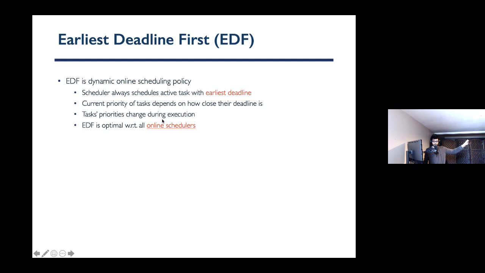Any online scheduling that you come up with, if it can produce a feasible schedule for a task set, then EDF can do it too. So EDF is very powerful when it comes to schedulability because it's optimal with regard to all online schedulers.